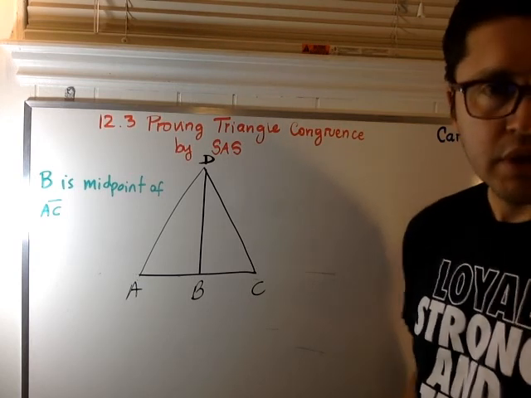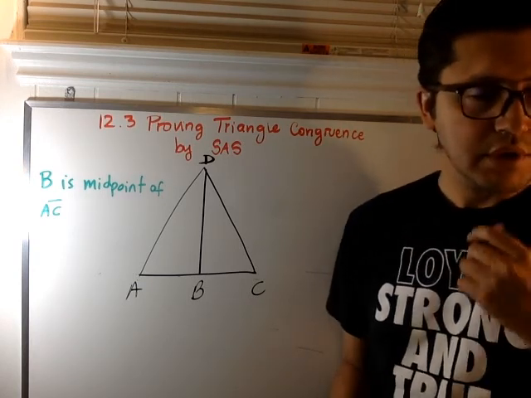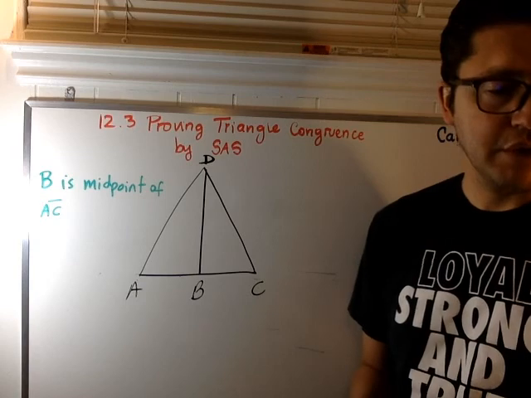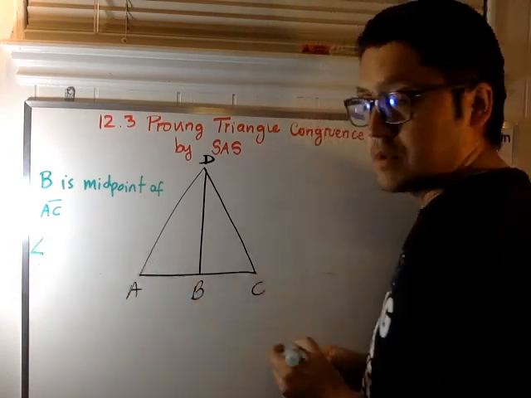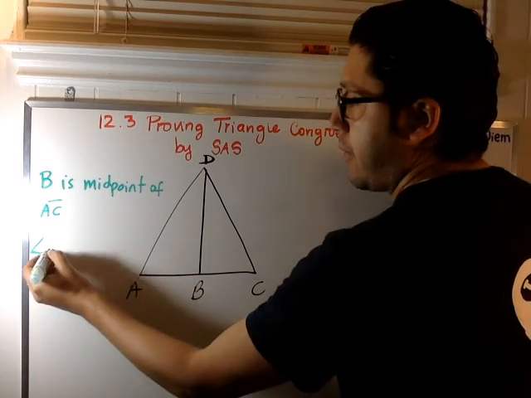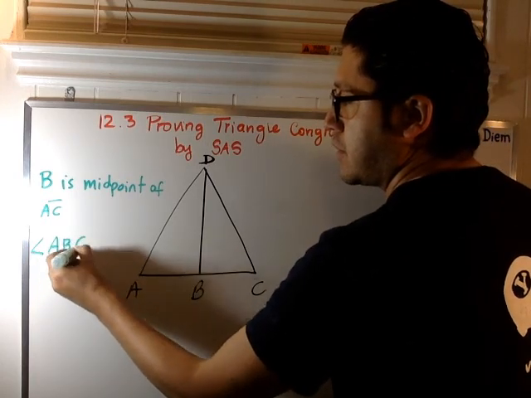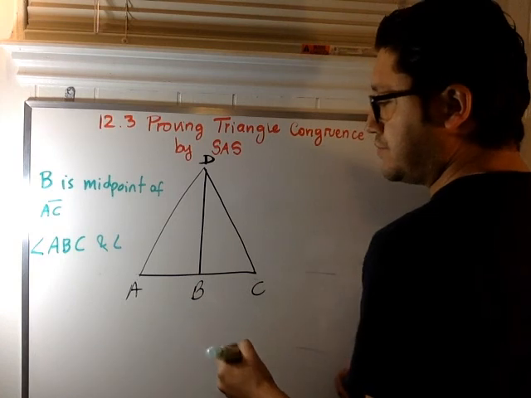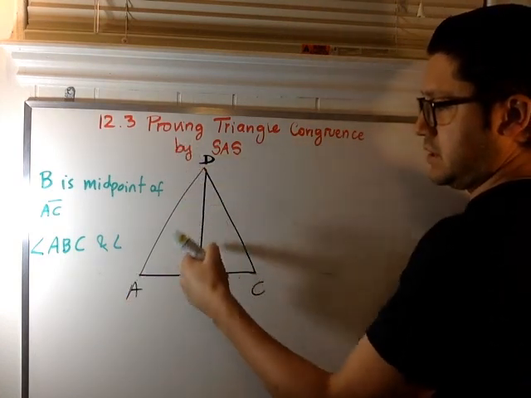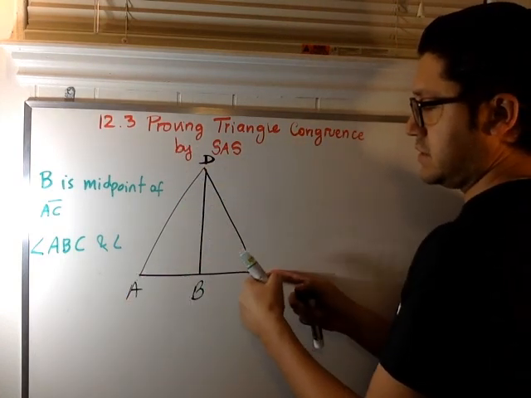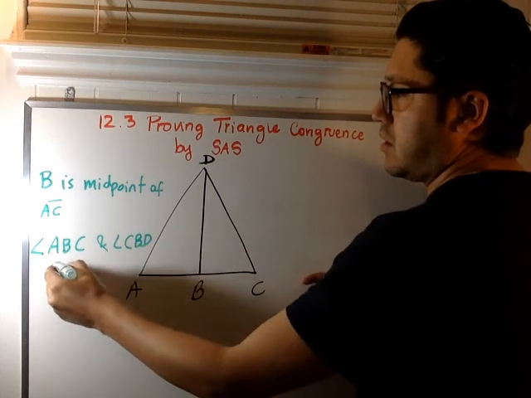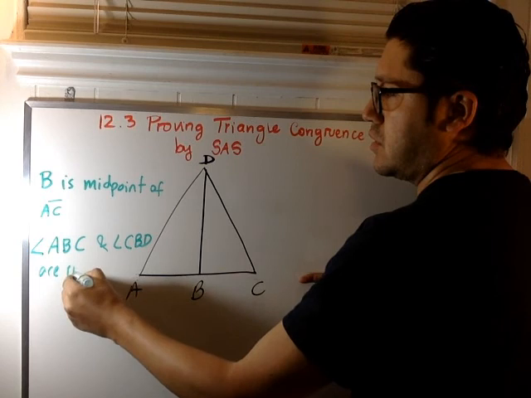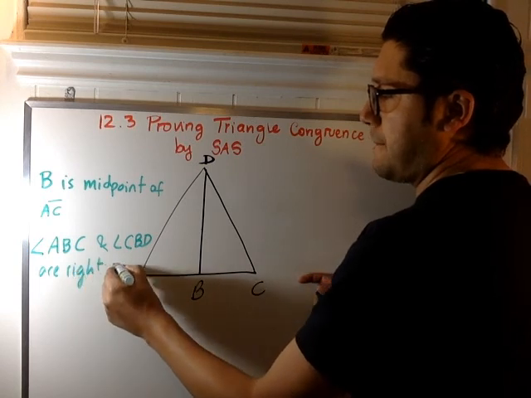Also, we are given another piece of information. We are told that the angle ABC, it means this angle right here, and angle CBD are right angles, okay?